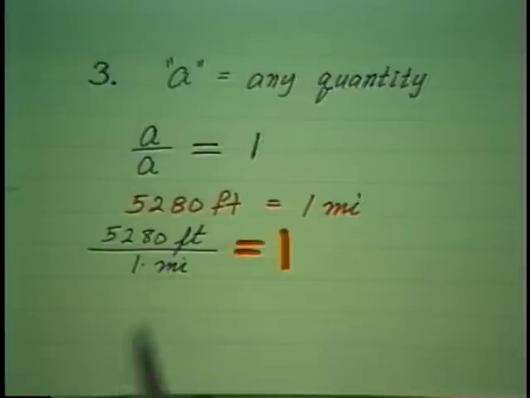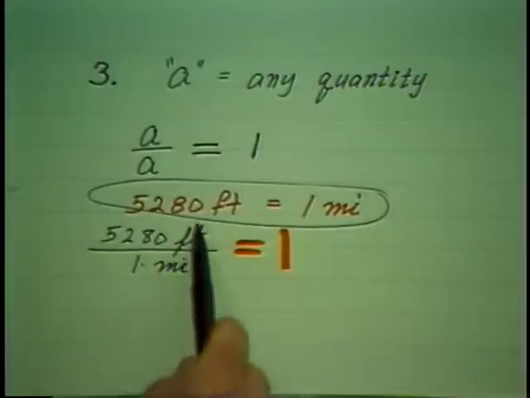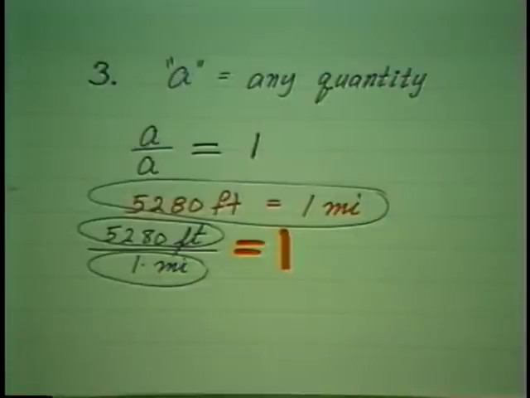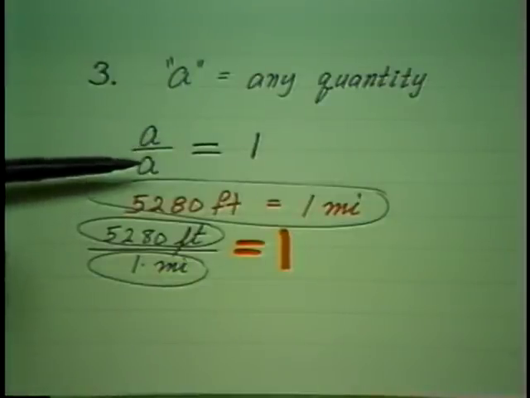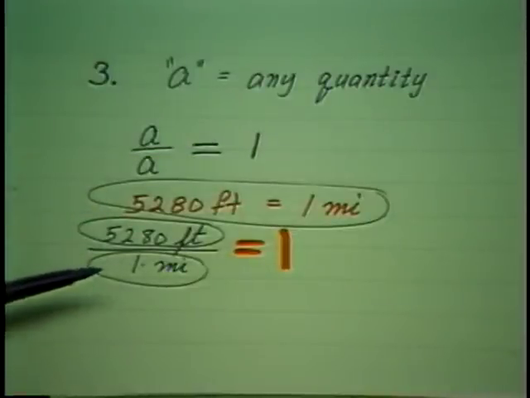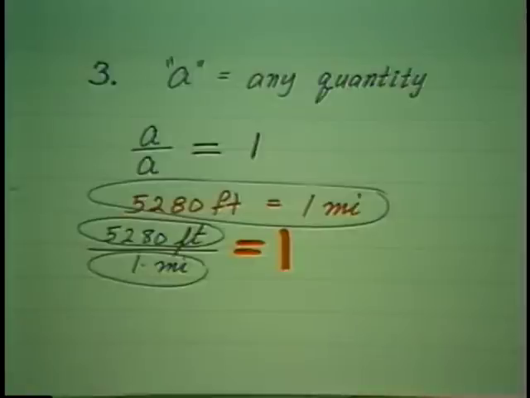But notice, we know from this conversion equivalency that this measurement and this measurement are the same. And we know from this statement up here, anything divided by itself is 1. So I have a measurement divided by its equivalent, so it must be 1. And indeed it is. I could also have written that 1 this way.